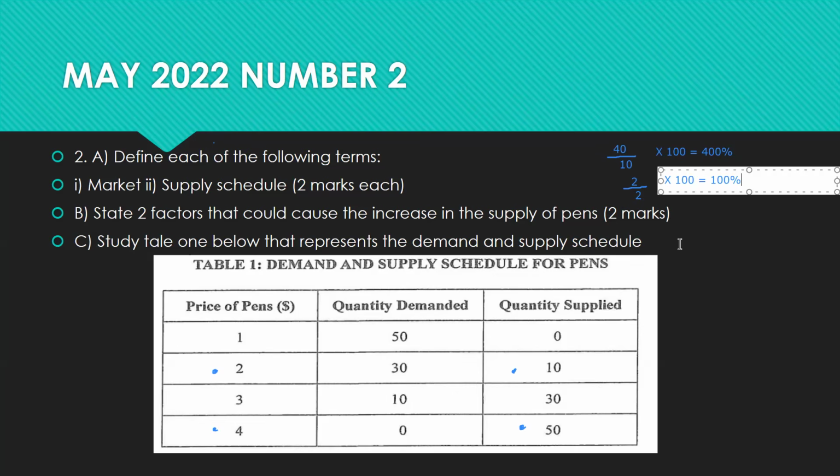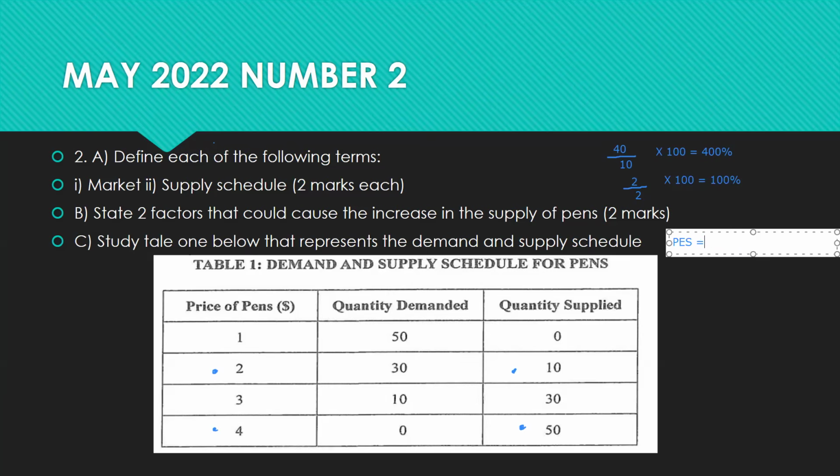So now we're going to calculate the price elasticity of supply, which is the percentage change in supply divided by the percentage change in price.